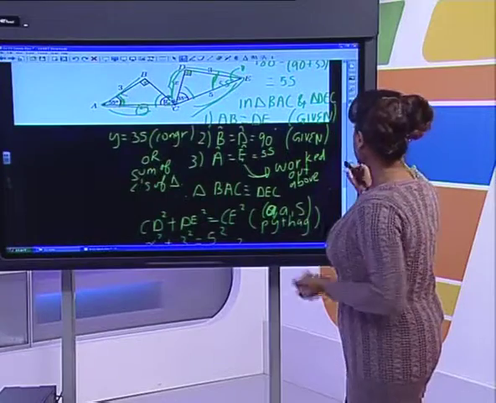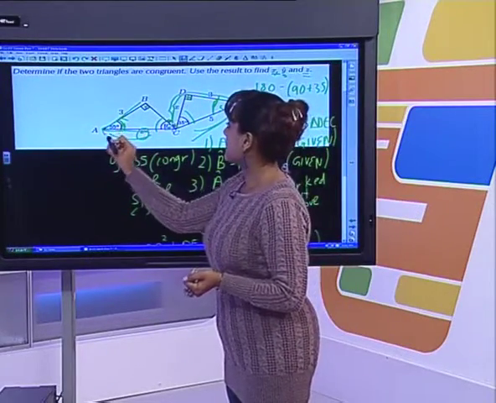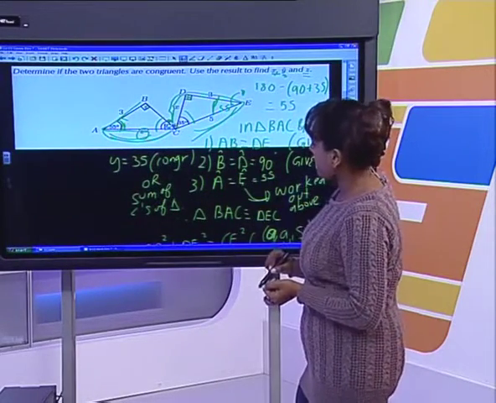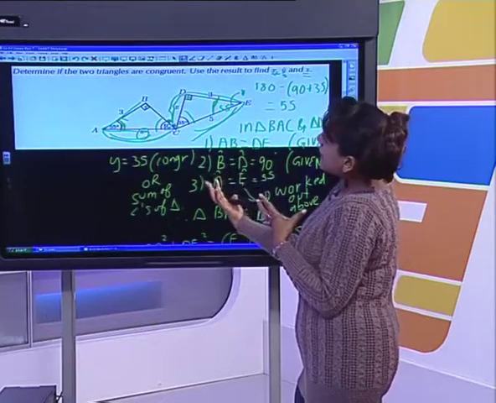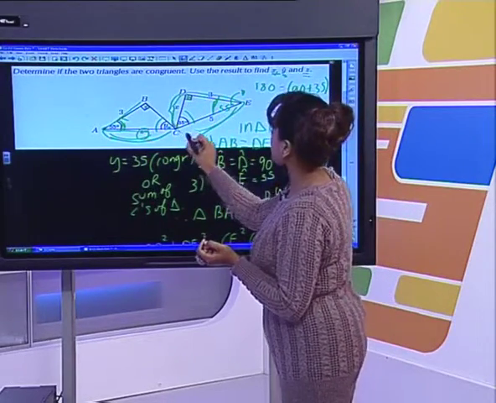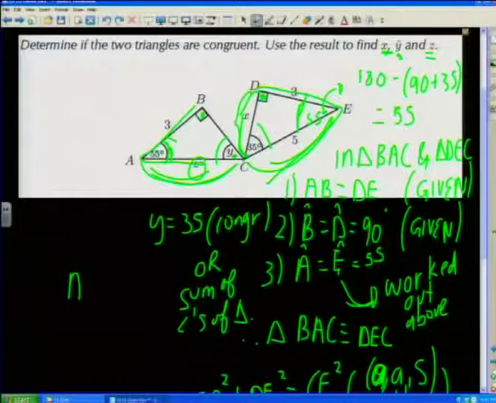So if I want to find z, which is side AC, it is going to be equal to the corresponding side in triangle DCE, which is going to be CE. So AC is equal to CE.